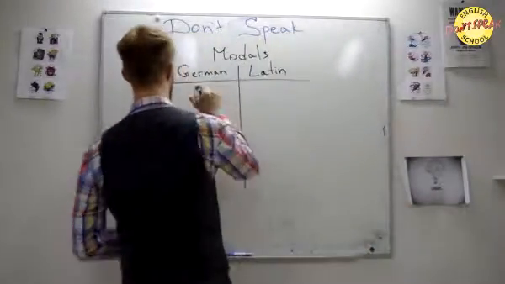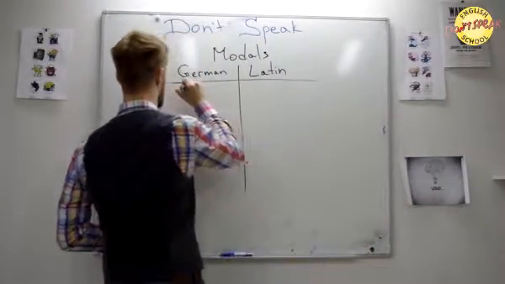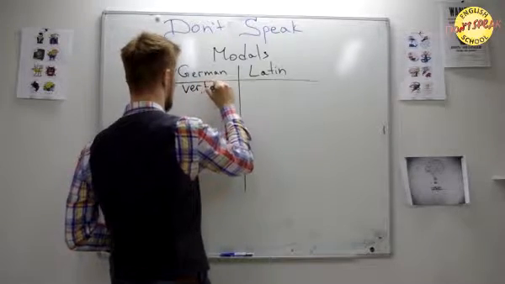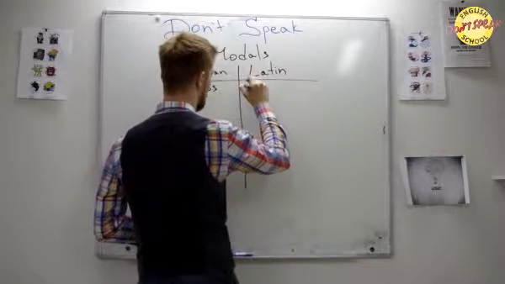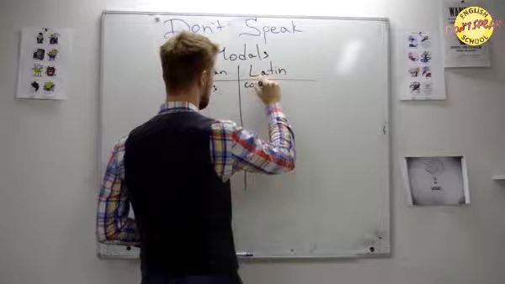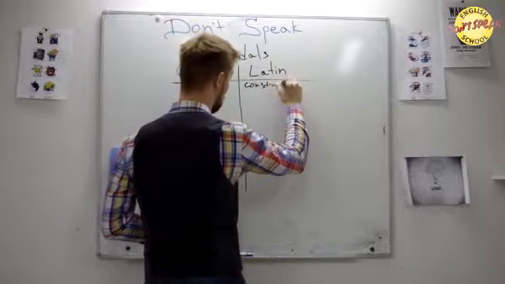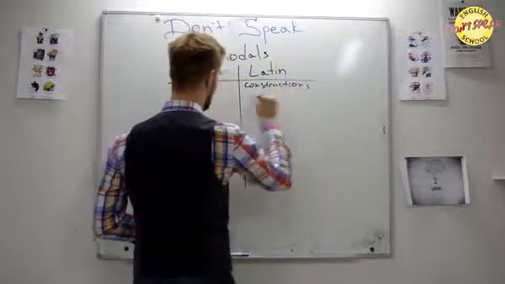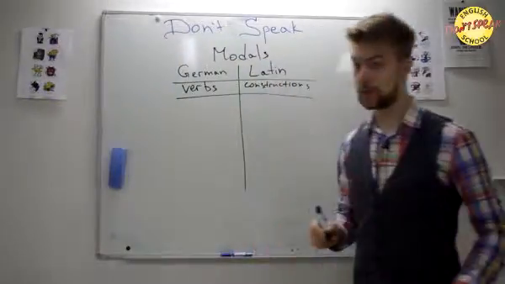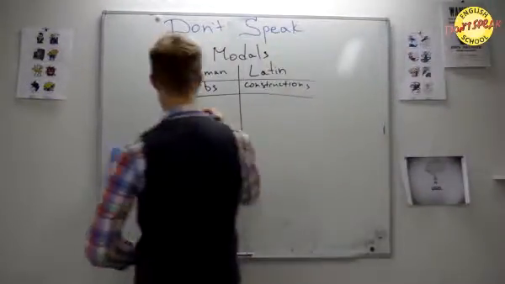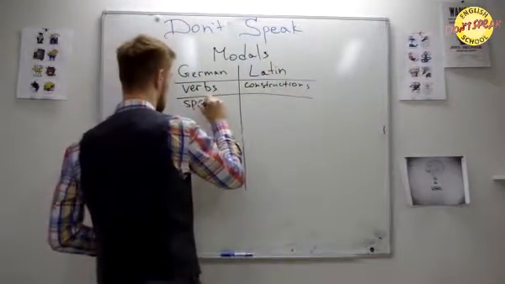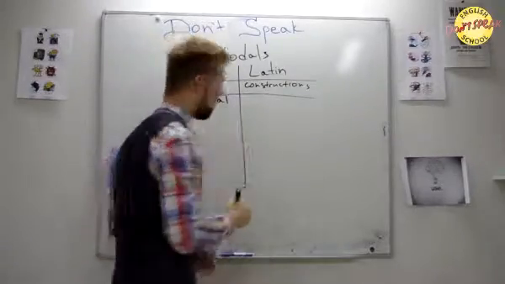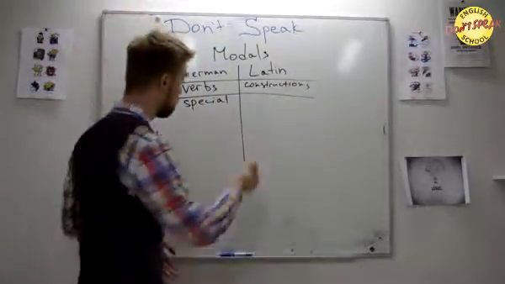So, German verbs are literally verbs, while the Latin ones are constructions that use normal verbs. German verbs have their special rules and special grammar, while the Latin ones have usual ones.